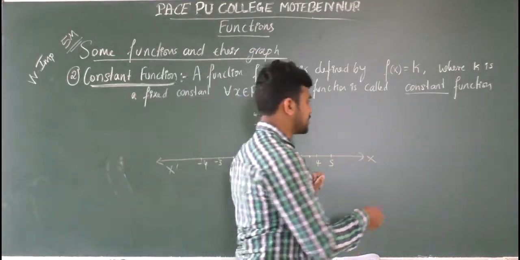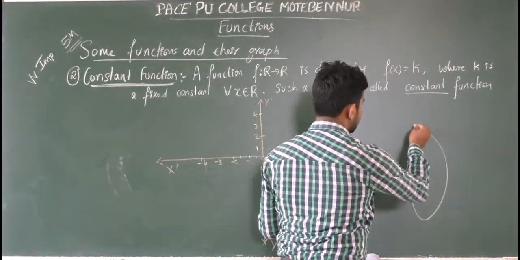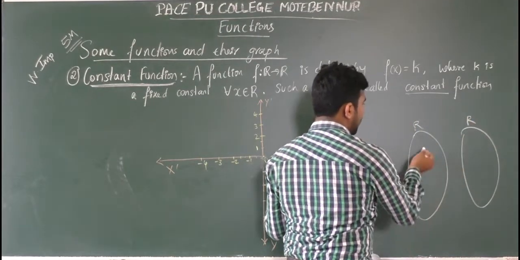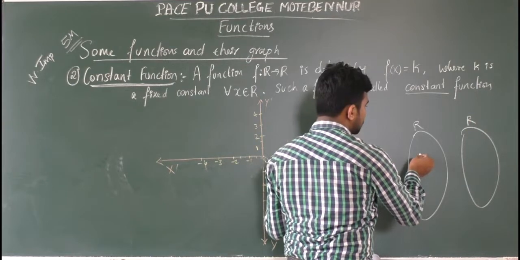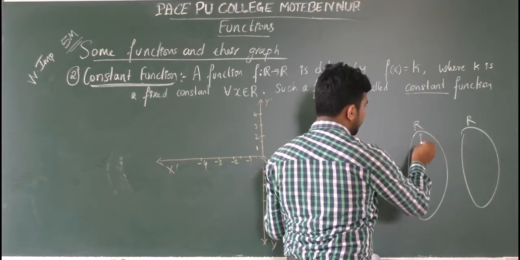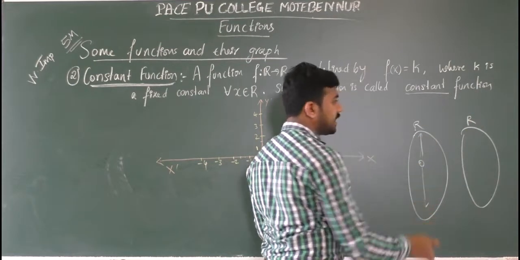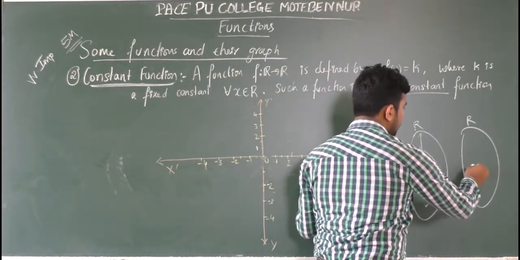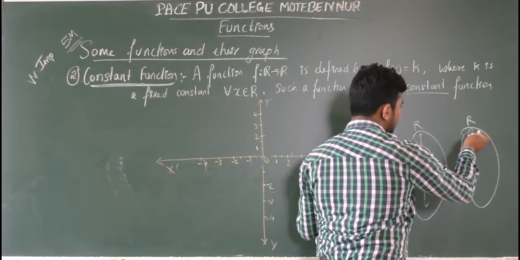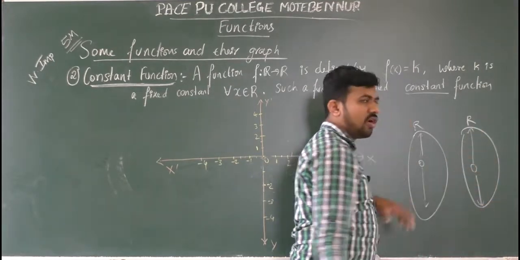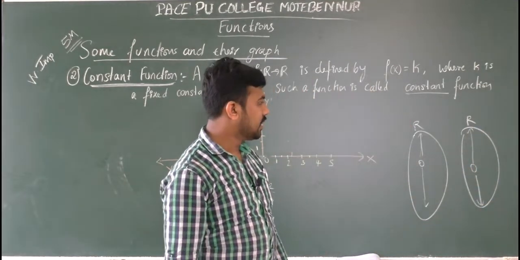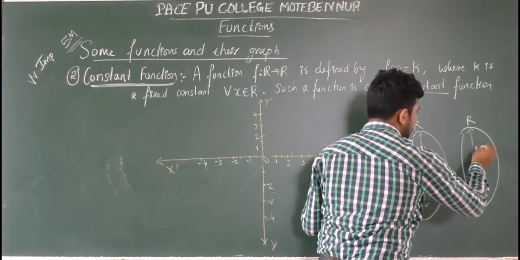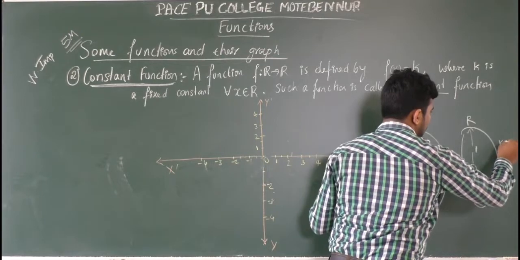For example, see here, this is the first set and this is the second set. Now you have real numbers in the first set, from negative infinity to positive infinity, including 0. Many real numbers we have. And here also we have many real numbers, positive, negative, including 0. Now if you fix one number here, I'll consider k is equal to 1.